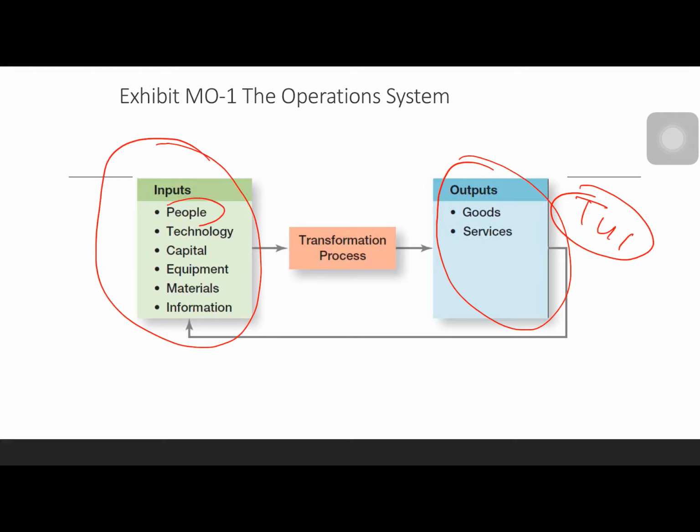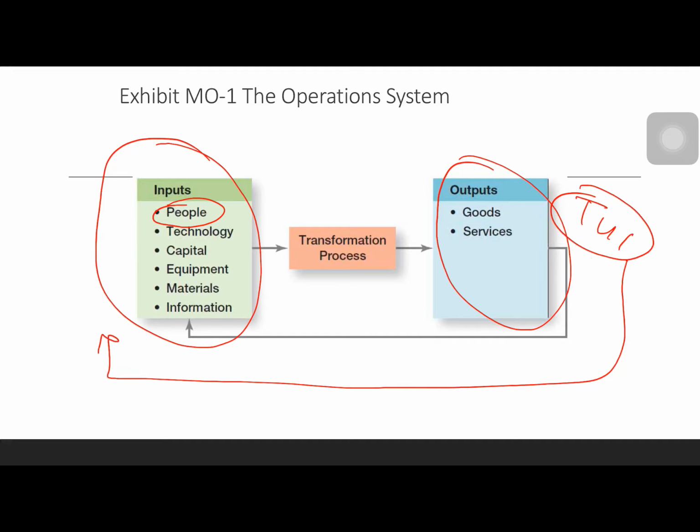We need people in that organization to develop them. Let's take TUI as an example. You have a task to do. You should log into the TUI or Thomas Cook website and see what services they offer. They offer a number of luxury packages, summer packages, and short break holidays.